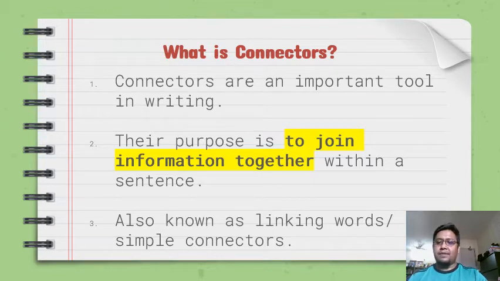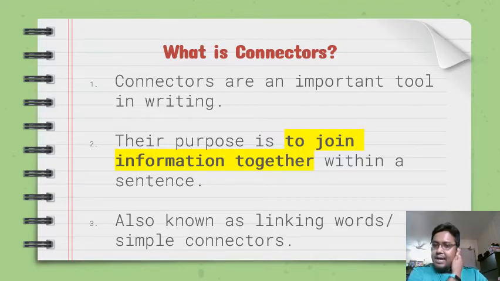The purpose of connectors is to join information together within a sentence. Sometimes you have two similar sentences, and you want to join them to become a sentence. That's why we need connectors. The connectors that we are doing today are the basic ones, the ones that we always use.